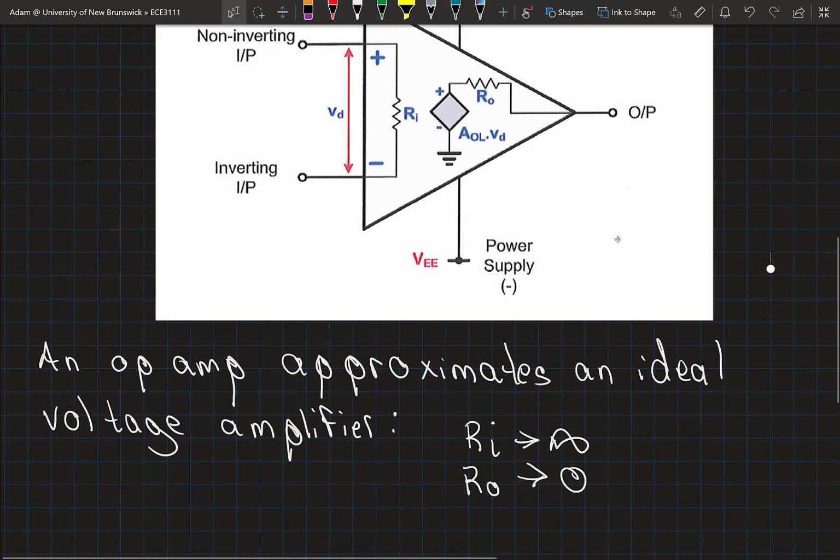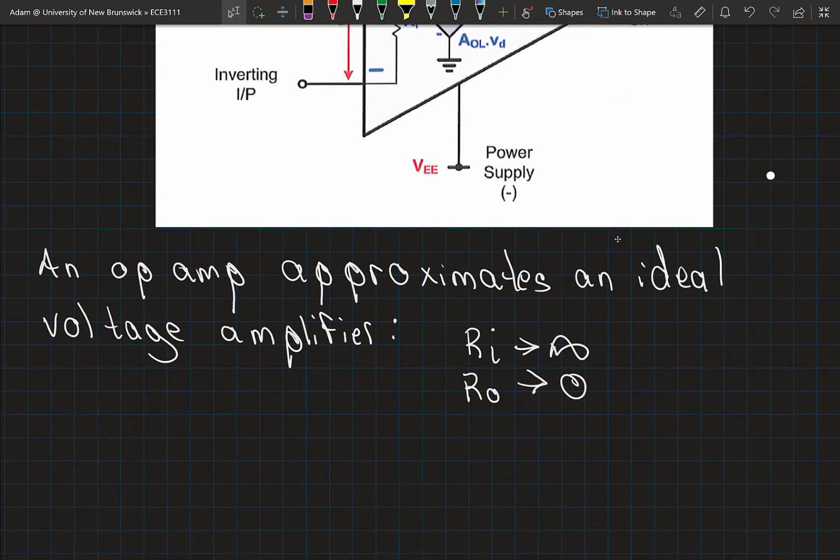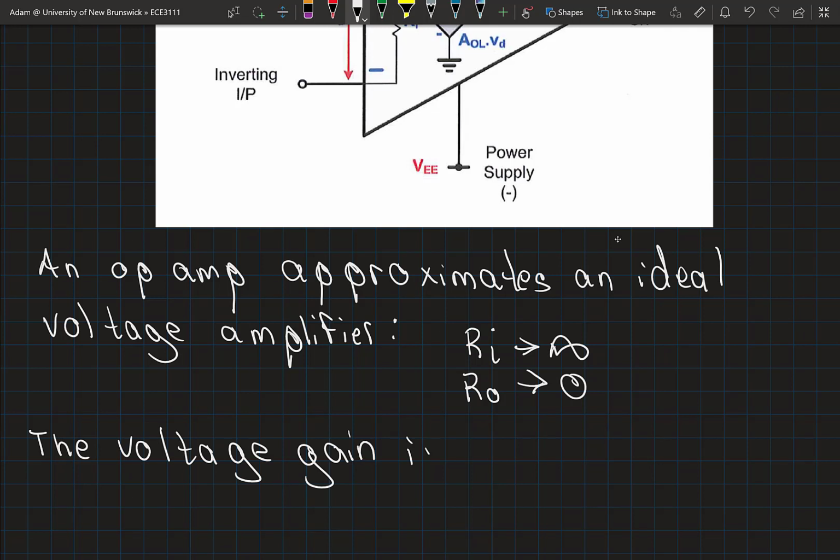Another aspect of the op-amp that makes it operate ideally and makes some of the analysis quite simple, as we'll see here soon, is the voltage gain of the op-amp.